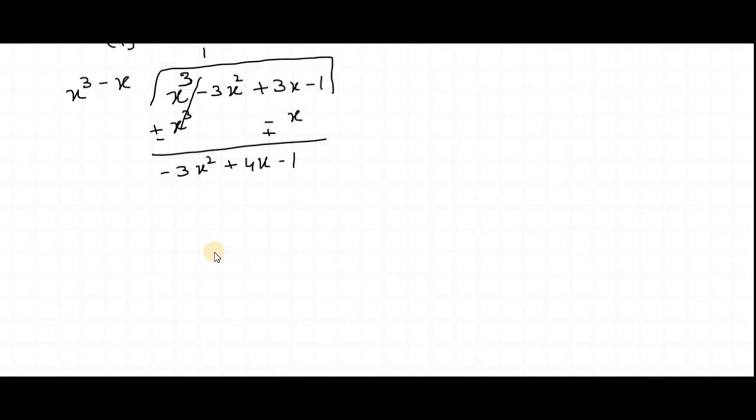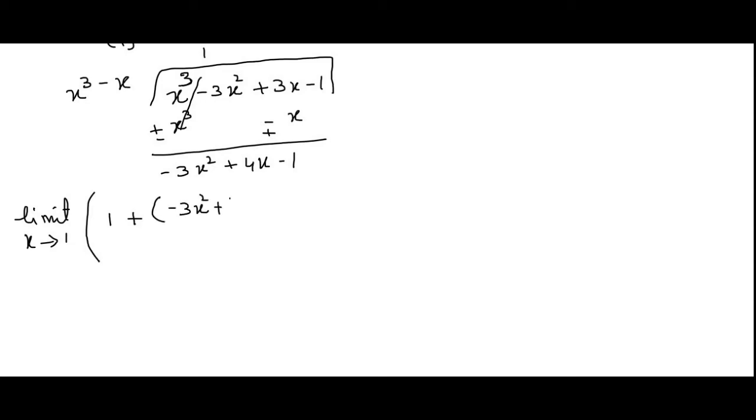So putting these values in the main function, that is limit x approaches to 1, 1 plus minus 3x square plus 4x minus 1 whole divided by x cube minus x. Now we are going to simplify it.